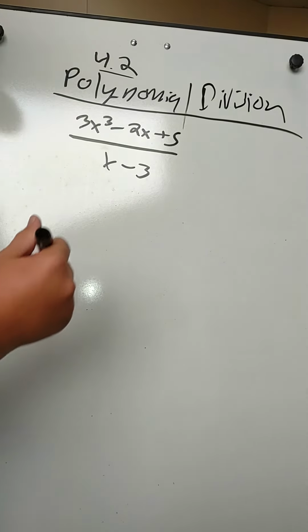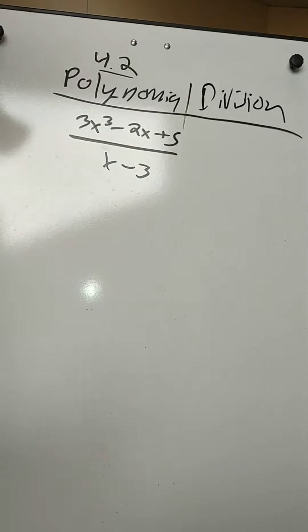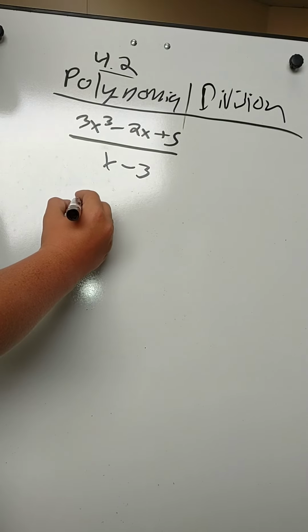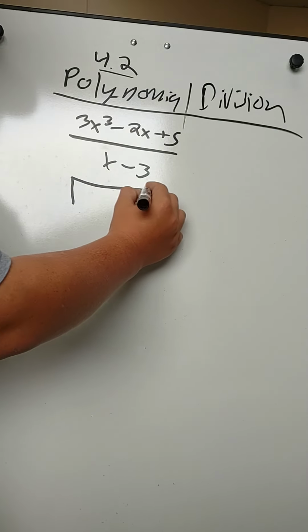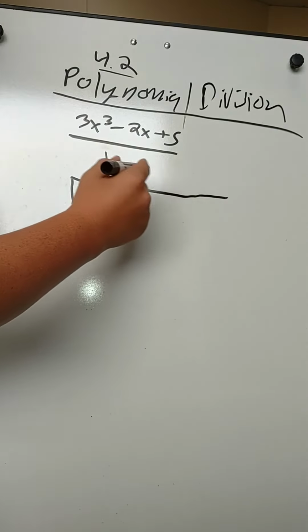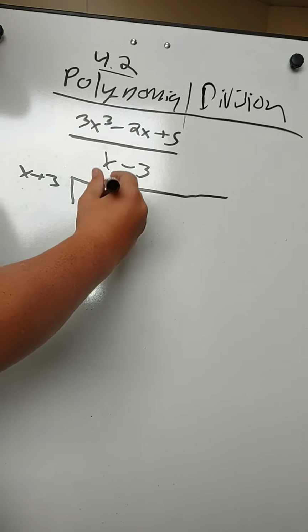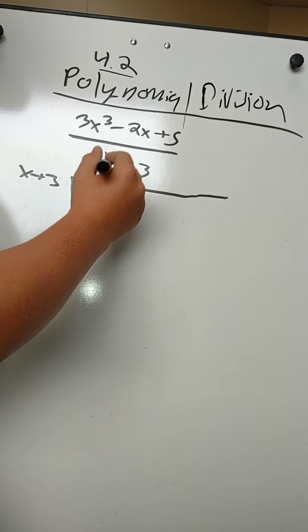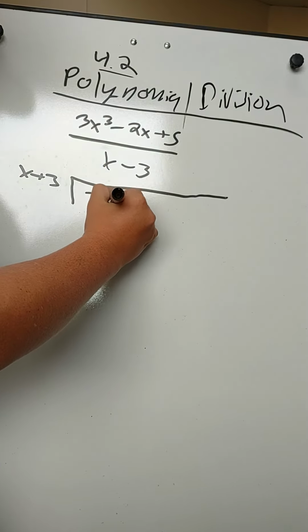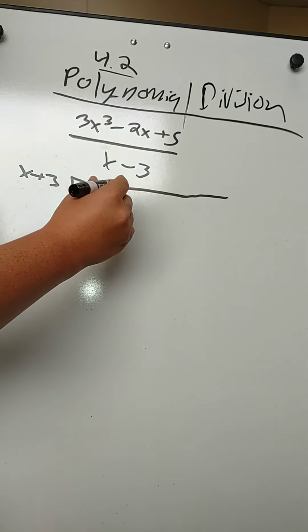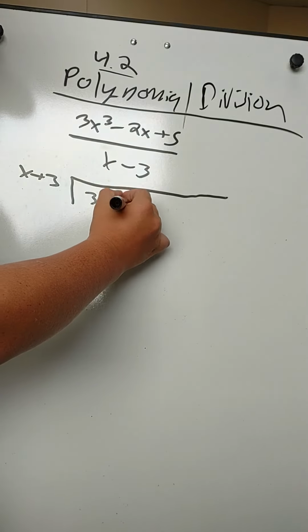So the first step of the actual process is getting everything where it needs to be. So we start off by putting the x minus 3 on the outside, and then we need to put everything in here, 3x cubed, and we need to add a placeholder for x squared since we don't have one.